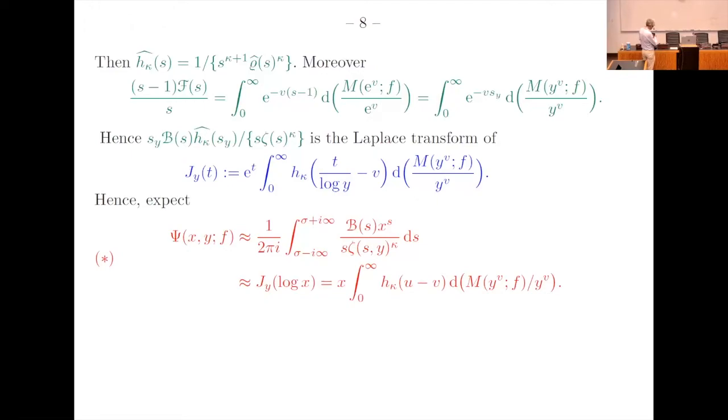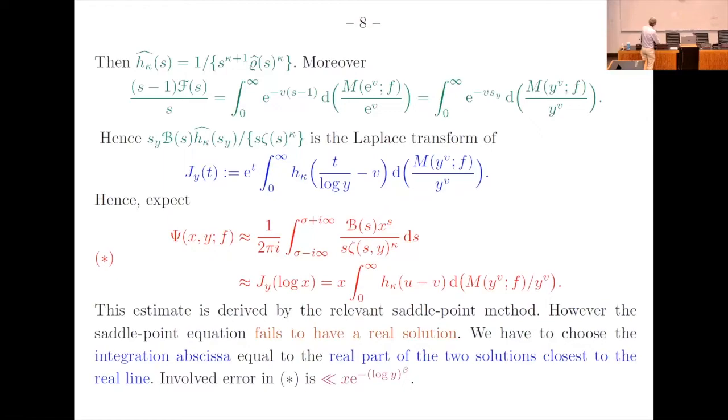So you see, if you want to know the extra difficulties, the main extra difficulty here is that the saddle point is not real. So there are two main saddle points, and you need to take as the abscissa of integration the real part of the two saddle points.